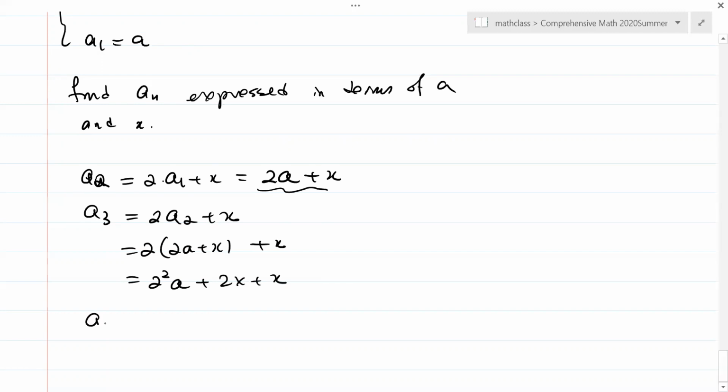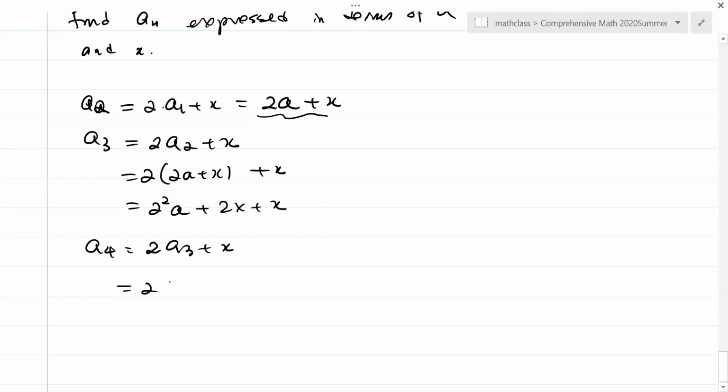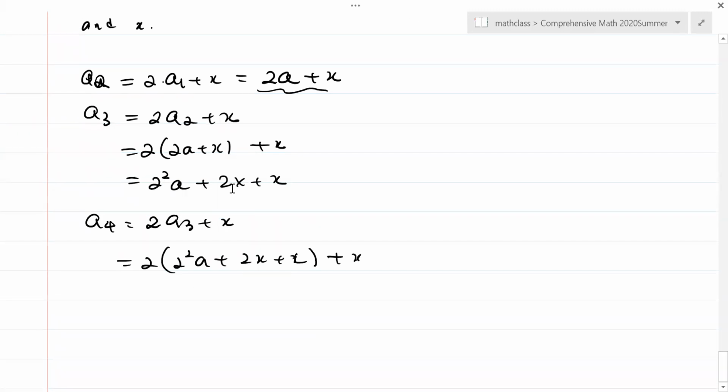And the continual A4 is 2 times A3 plus x. So A3 is this. Okay. Now you know why I don't add them together. You got 2x plus x is equal to 3x. No, I'm not going to do that. Right?